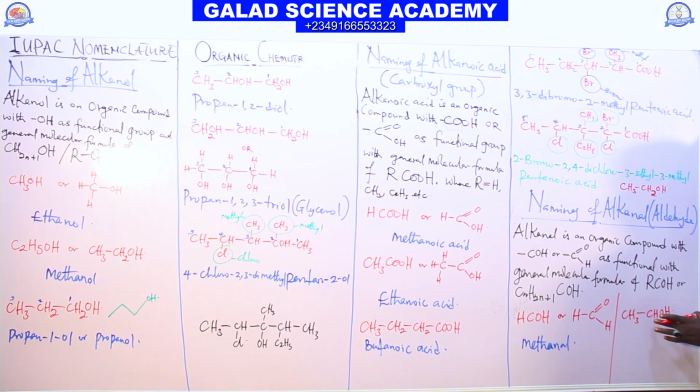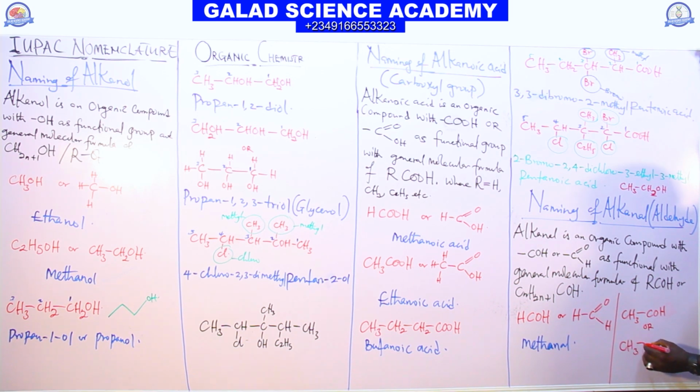Here we have 1H, here we have 2H. If this one is ethanol, here we have 1H, because this oxygen will take 2 bonds to the carbon. So if you are given this compound now, what will be the name?